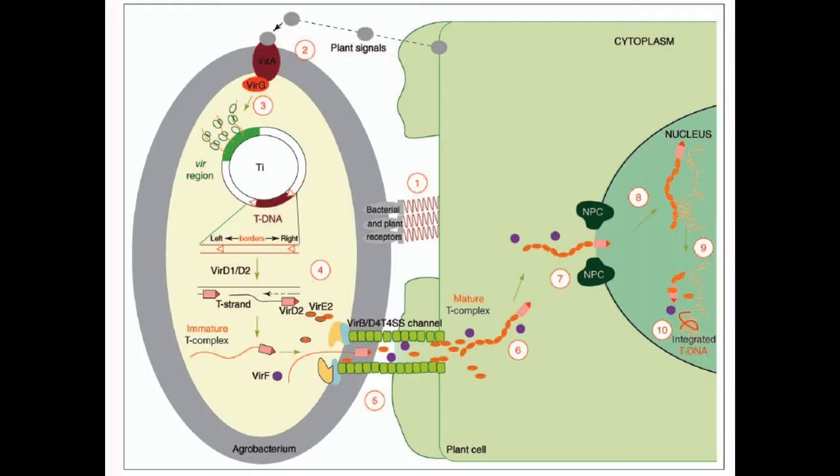So this type 4 secretion channel is very much akin to the sex pilus, the conjugation pilus that we talked about in the F plasmid. All of the proteins necessary to create this pore, as well as the machinery that's going to actively drive, by ATP hydrolysis, this nucleoprotein complex across here, are all encoded in this TI plasmid, this tumor-inducing plasmid.